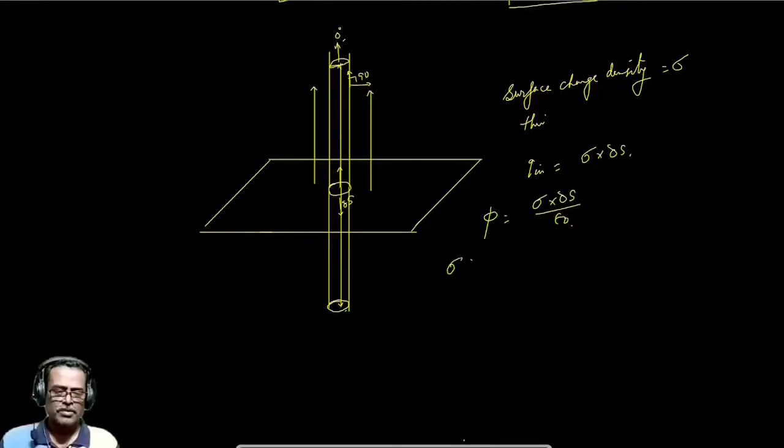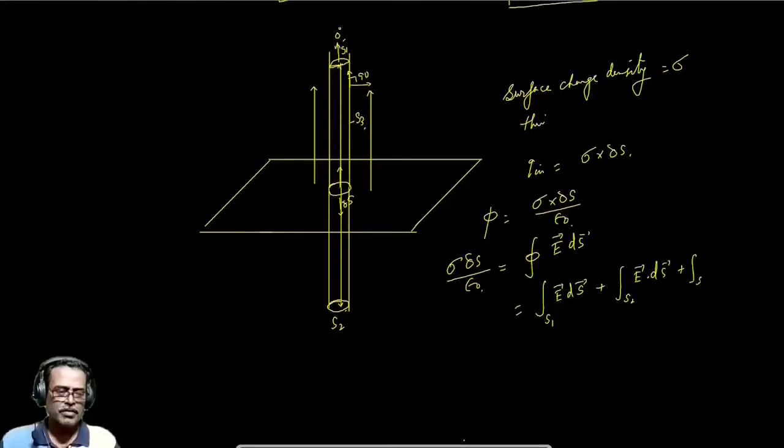So sigma into del S by epsilon 0 is equal to closed integral E dot ds, and there are three surfaces, S1, S2 and S3. So it is integral over S1 of E dot ds plus S2 E dot ds plus S3 E dot ds.